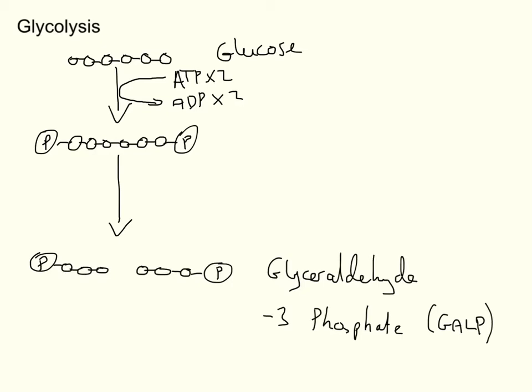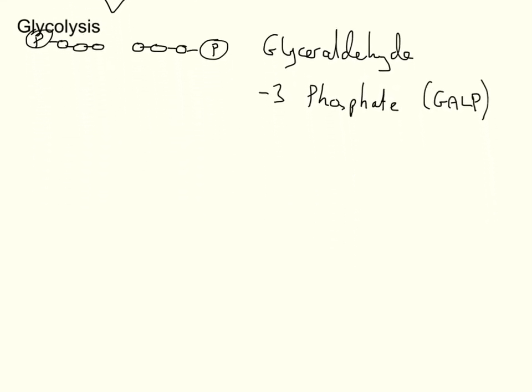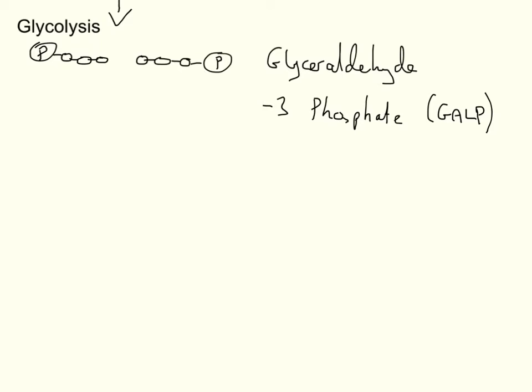So once we've got our 2 molecules of glyceraldehyde 3-phosphate, another reaction occurs to this. Okay, it's quite a long reaction. So we have a 3-carbon molecule coming out at the end. This 3-carbon molecule is pyruvate. Now immediately I can see that the phosphate group is no longer there.